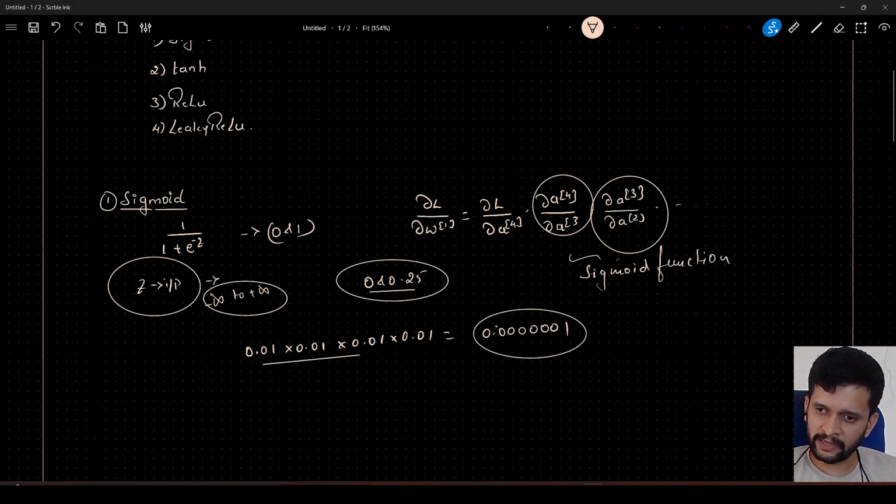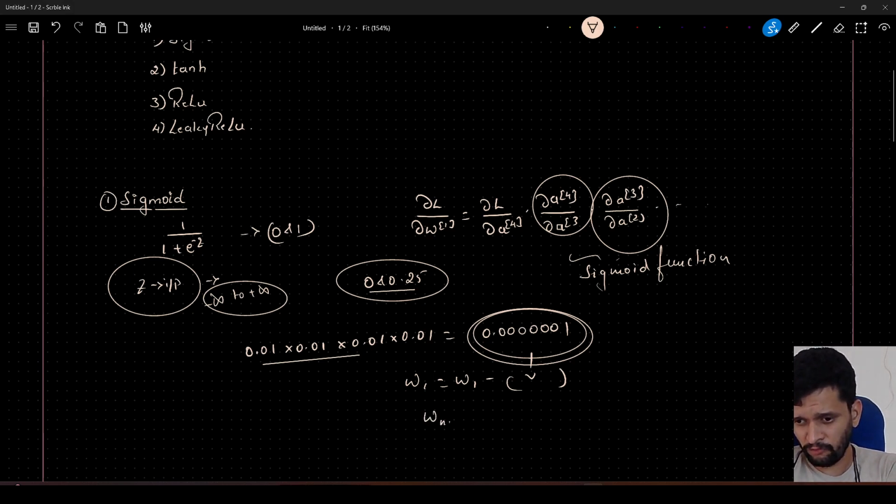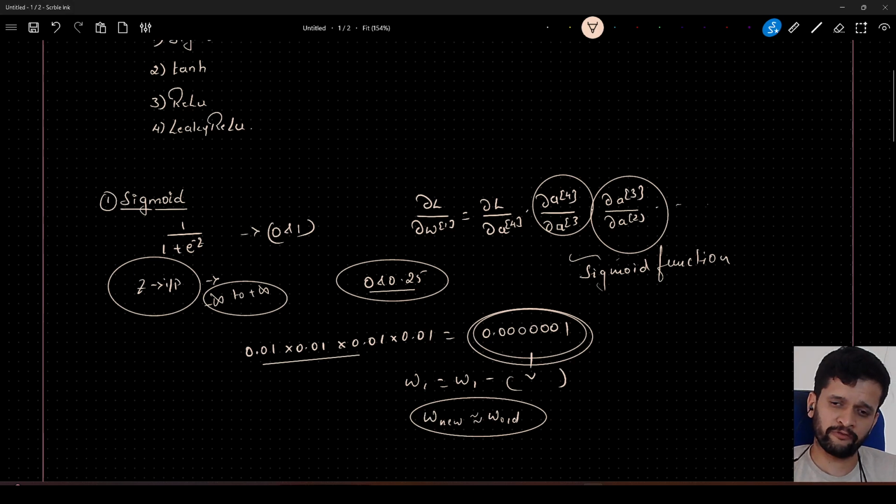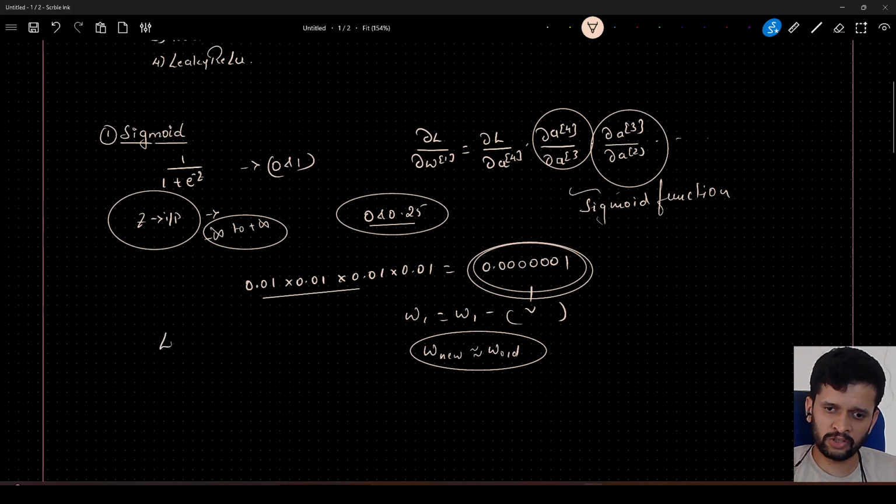Then we will subtract this parameter from our existing weight. And if we subtract this value from the weights, the old weights and new weights will almost be equal. So we will not be able to learn further in our neural network. So our loss or cost will remain the same.